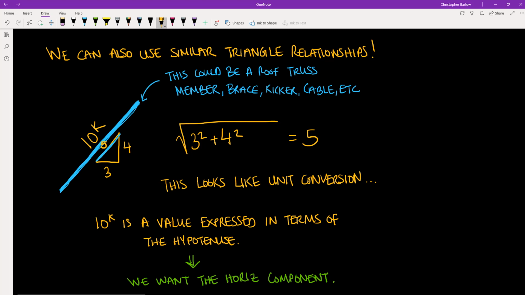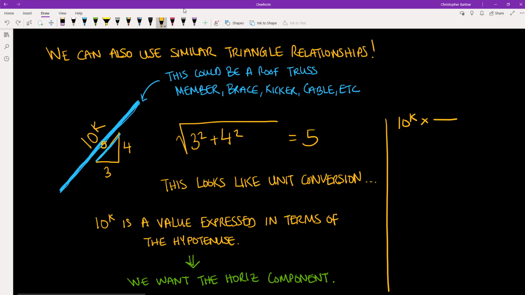Now that we have all 3 sides of our similar triangle defined, we can break apart our magnitude value into its components. So let's say we want the horizontal component first. We're starting with our given value of 10 kips, and we want the horizontal component.